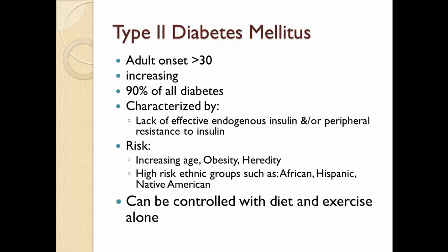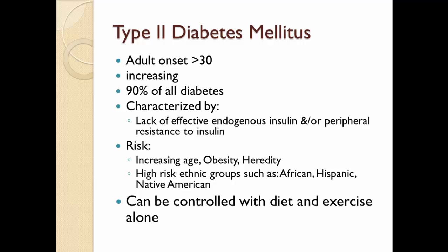Type 2 diabetes. Usual onset is age 30 or over, and obviously the older we get, the more our risk gets. This used to be called adult onset, but now remember, there's increasing type 2 diabetes in children on that statistic page.